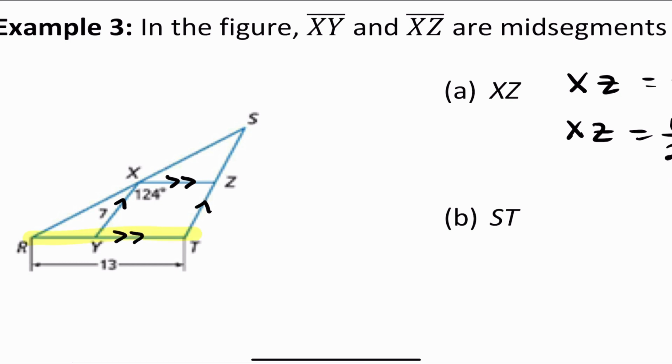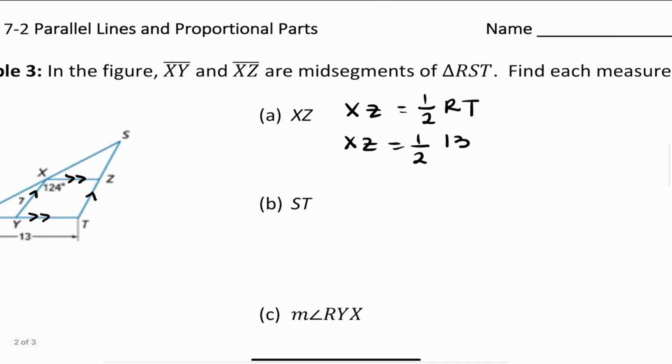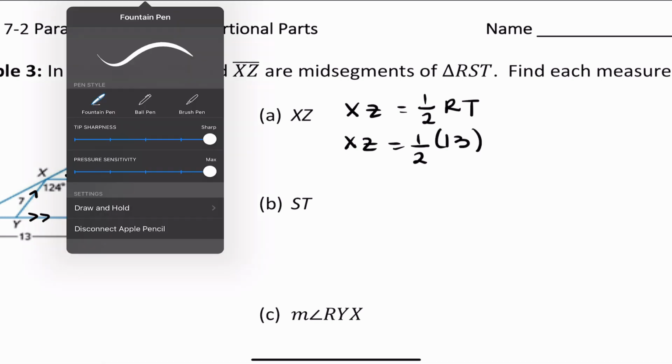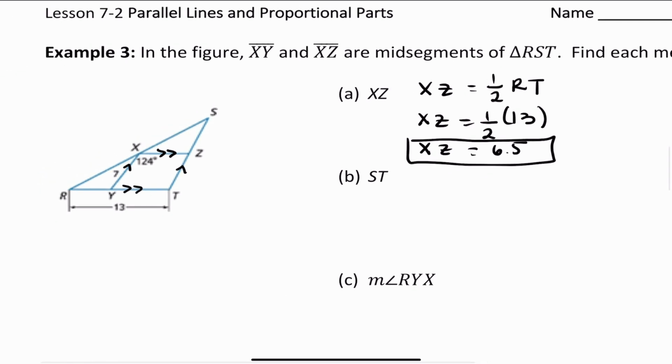So I'm going to go ahead and replace RT with 13 and then simplify. So XZ is 1/2 of 13. What's 1/2 of 13? That's going to be 6.5. This is my answer. Okay? And then let's go ahead and find ST.